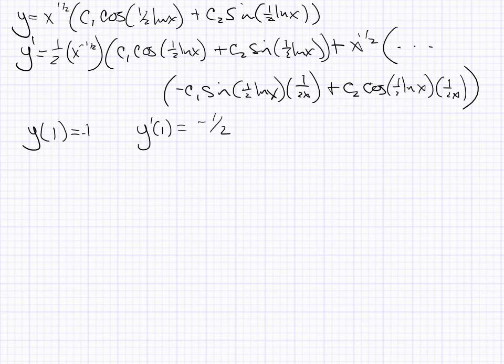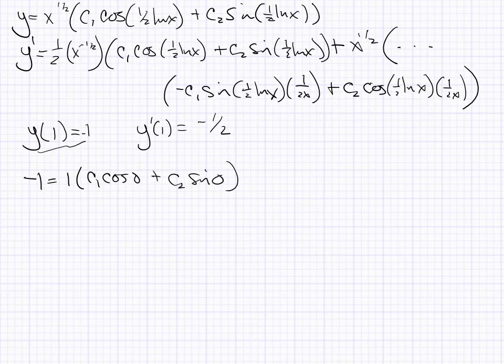So if we use the first one, y of 1 equals -1, so y is -1, x is 1, so 1 to the 1/2 is 1, times C1 cosine of, remember log of 1 is 0, so this will be cosine of 0, plus C2 sine of 0. Since sine of 0 is 0 and cosine of 0 is 1, this gives us -1 equals C1, and so we got C1.